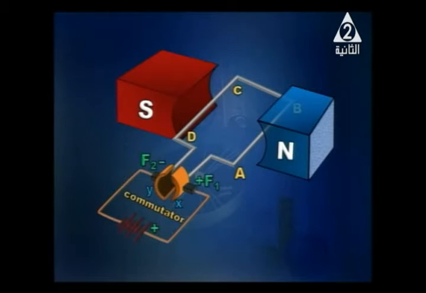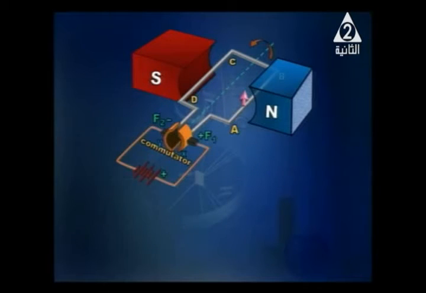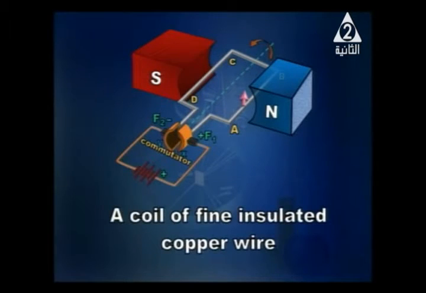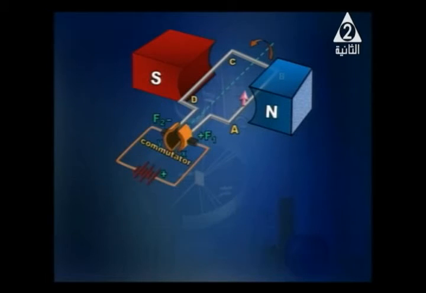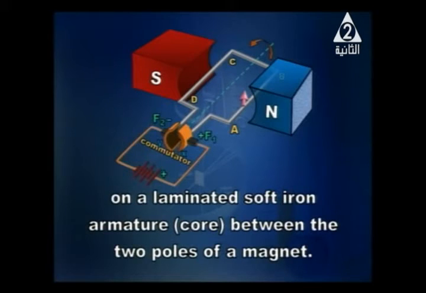So once again, the device consists of a coil of fine insulated copper wire wound on a laminated soft iron core or armature between the two poles of a magnet.